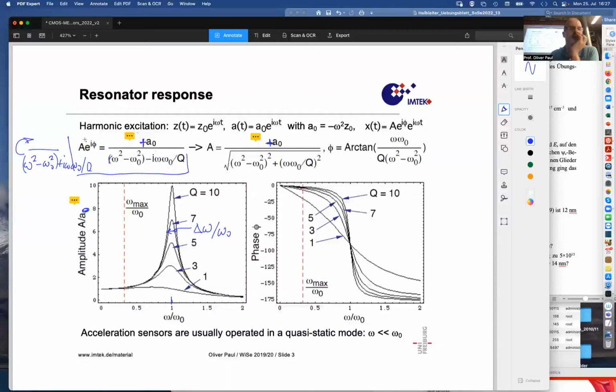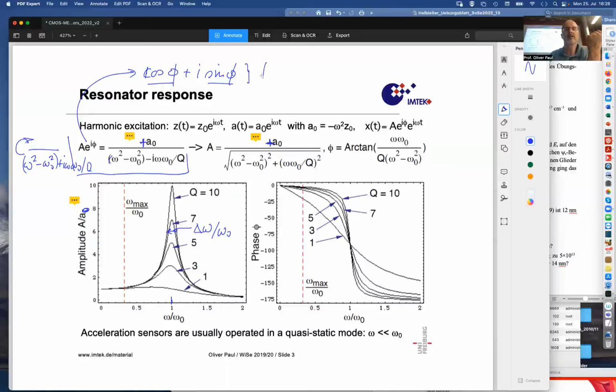The phase factor is nothing else than cosine of phi plus I sine of phi. Once we did this complex conjugate, we have a real part and an imaginary part, the real part being here and the imaginary part being here.